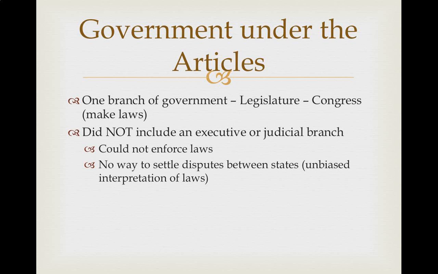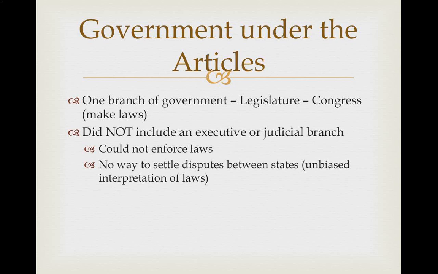Now, I need to clarify this because there was a president in Congress, but he had no real official duties other than being the presiding officer. He held the gavel, and he called you to order or called on you, but he didn't have any of the powers of what we know our president has today.